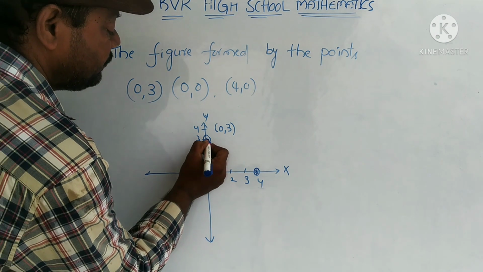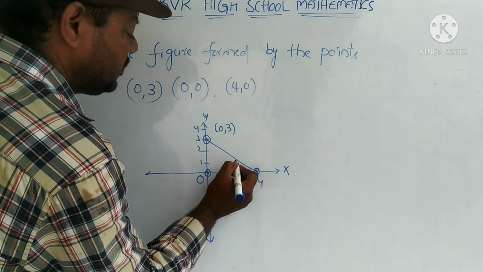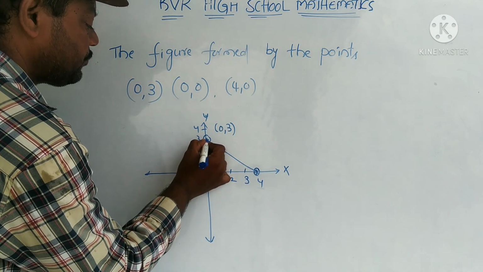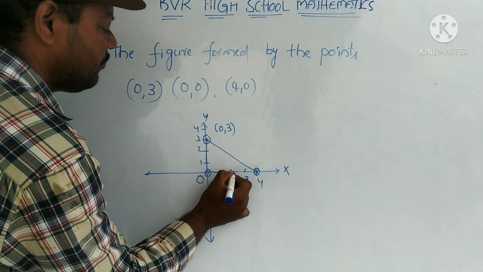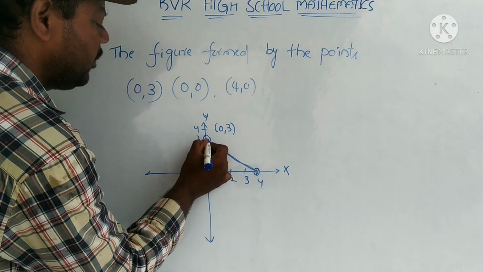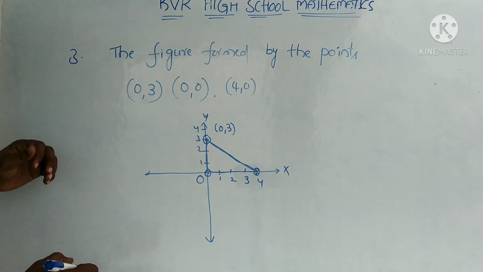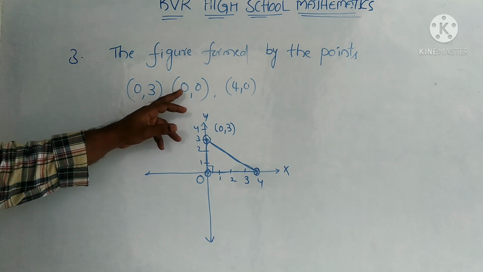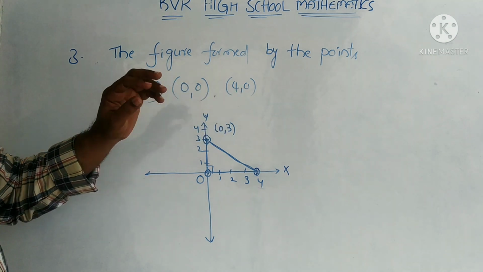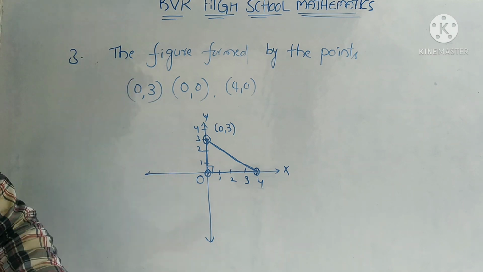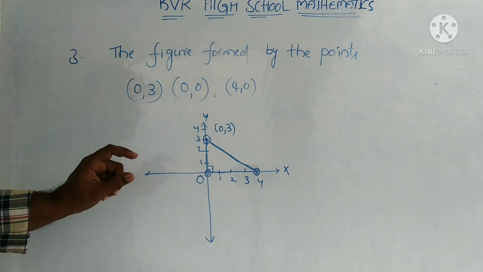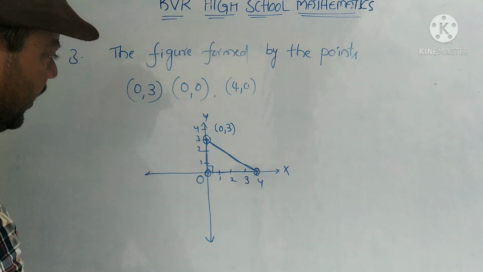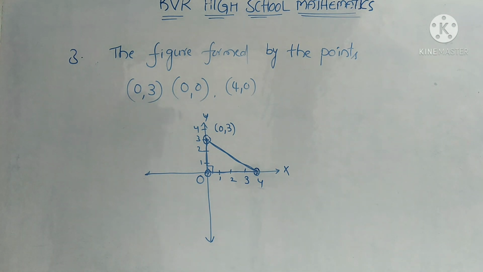Now join the points. So this enclosed figure is a right angle triangle. So the figure formed by the points (0, 3), (0, 0), (4, 0) is a right angle triangle. Right? Next question.